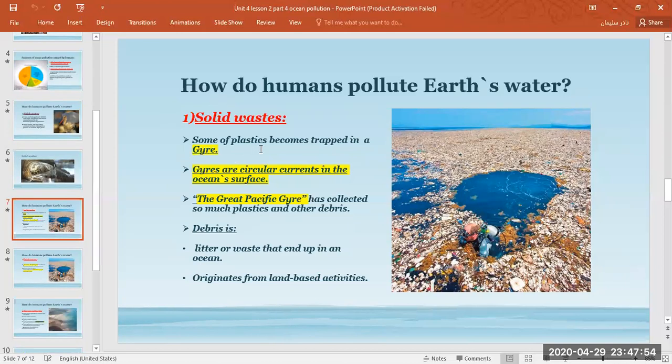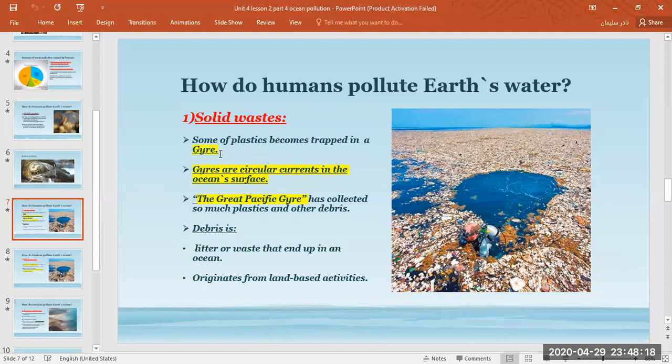Some of plastics becomes trapped in the gyre. What do you mean by the gyre? The gyre, or gyres, are circular currents in the ocean surface. This is a normal phenomenon, that there are circular currents on the surface of the ocean.